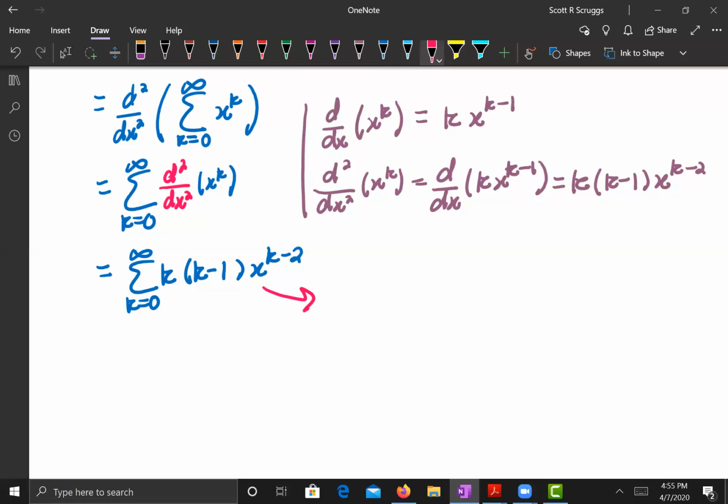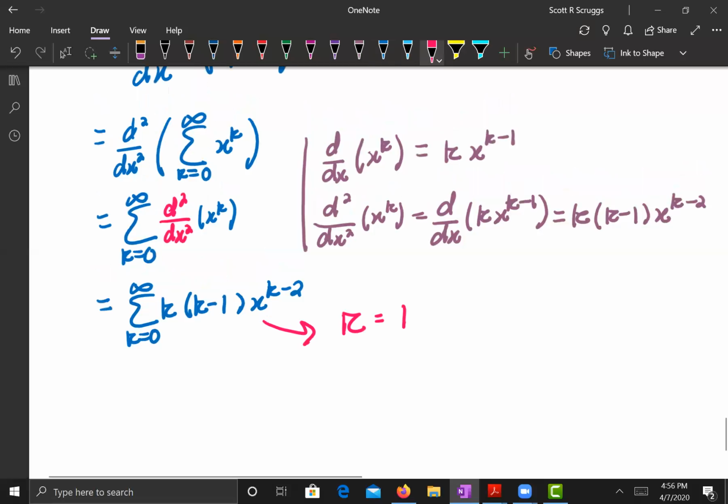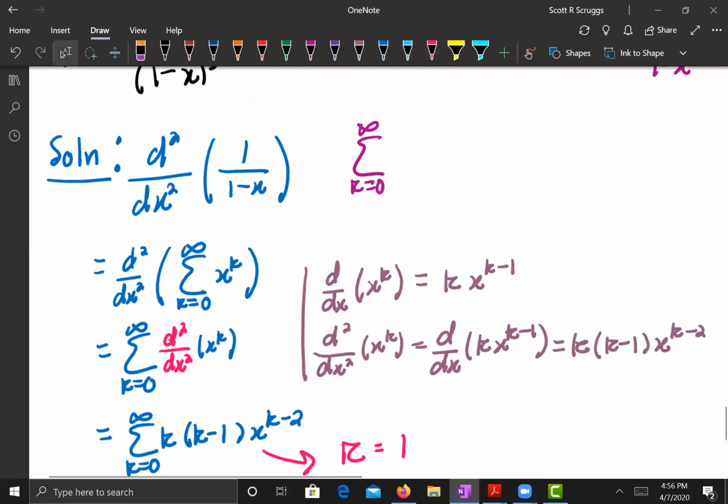And keep in mind that one of our properties of taking derivatives or integrals of Taylor series or power series still applies here: the radius of convergence is still maintained, meaning I keep the same radius of convergence as the original series that I was working with.